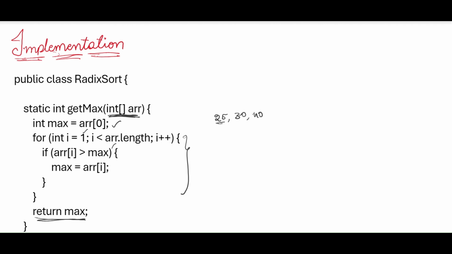Suppose we initialize max as 25. If 30 is greater than 25, then it will be the max element. Then if 40 is greater than that, 40 is the maximum element. So finally it will return the maximum element.